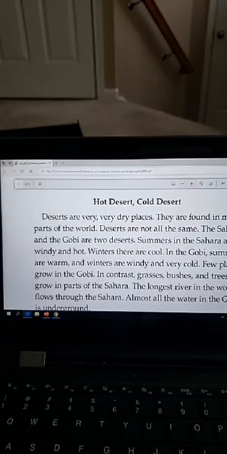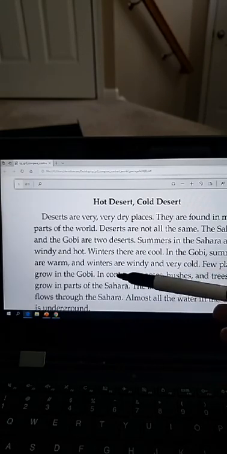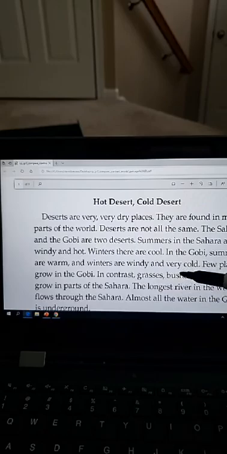Let's go back to the text. Winters there are cool. They're talking about winters in the Sahara are cool. And they're talking about in the Gobi, winters are windy and very cold.